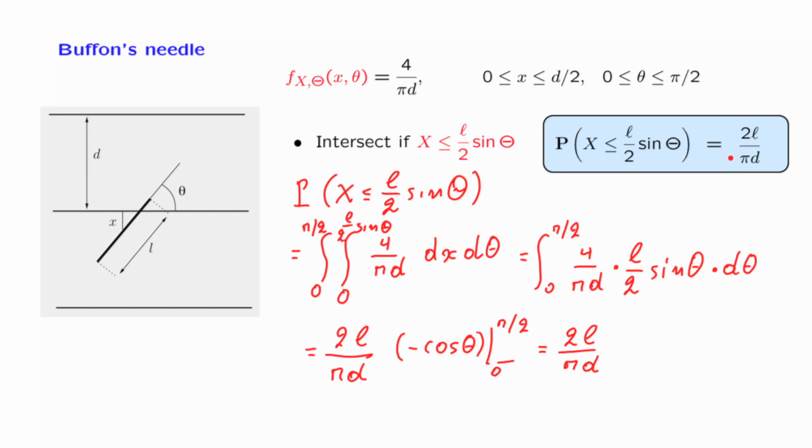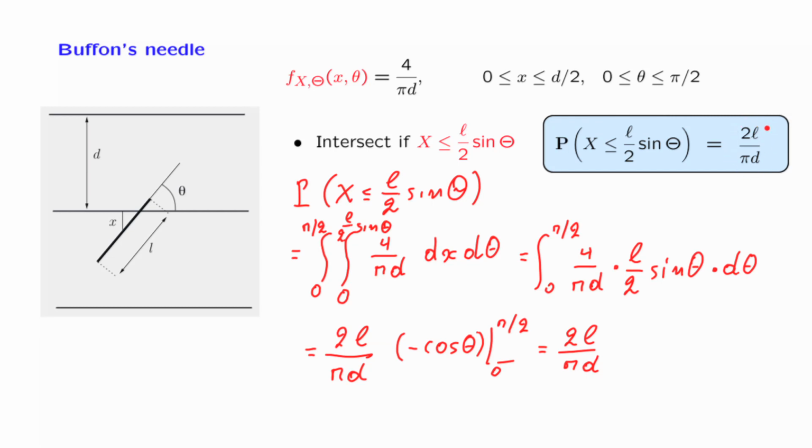How can you figure out the number pi? Take your needle, throw it at random 1,000,000 times, and count the frequency with which the needle ends up crossing the line. If you believe that probabilities can be interpreted as frequencies, the frequency that you observe gives you a good estimate of this probability. So it gives you a good estimate of this particular number.